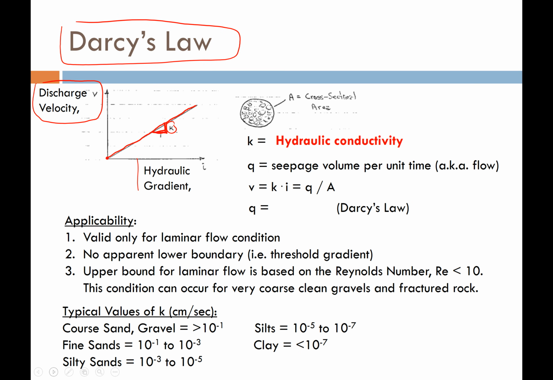So now, based on this linear relationship, we know that velocity is equal to K, or the hydraulic conductivity, times i. But we also know that velocity is just equal to flow, Q, divided by the cross-sectional area of our pipe. So this is if I went and cut the pipe where the soil is in half and just flipped it on its side. This is the cross-sectional area of our pipe.